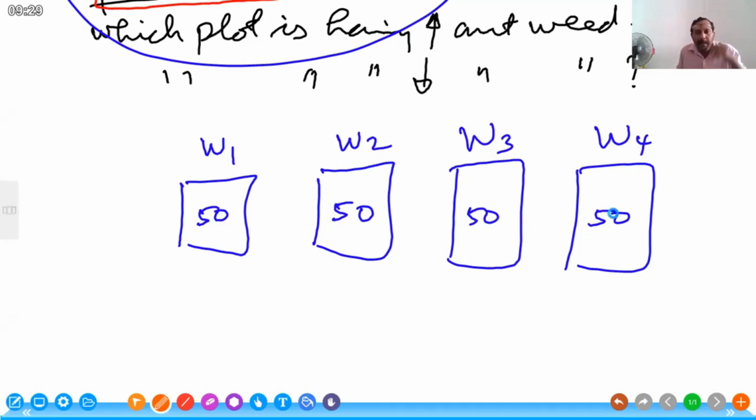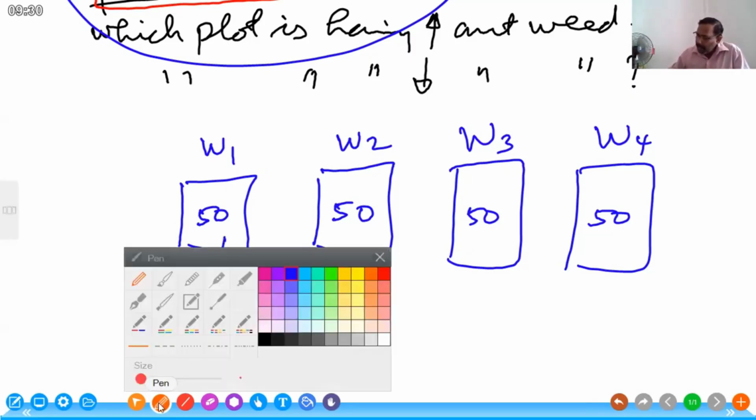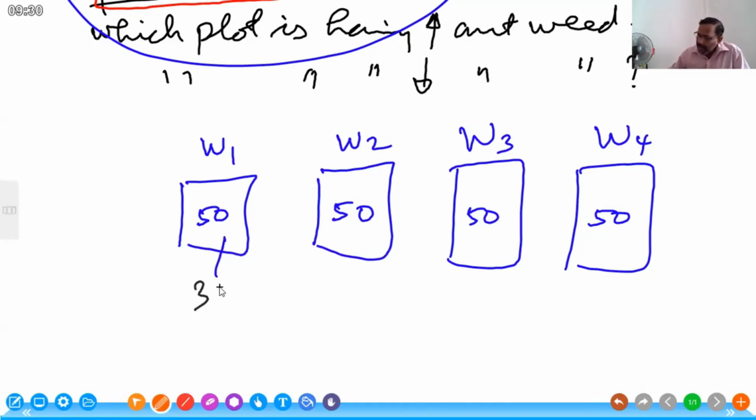If I do an experiment like this, what do you think? Yes, it is good. This is a real equal chance to everybody to come up with which weedicide is better, because I'm giving 50 weeds for all the weedicides. Maybe this weedicide kills, out of 50, only 38.